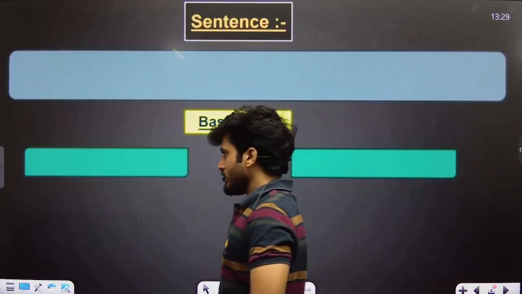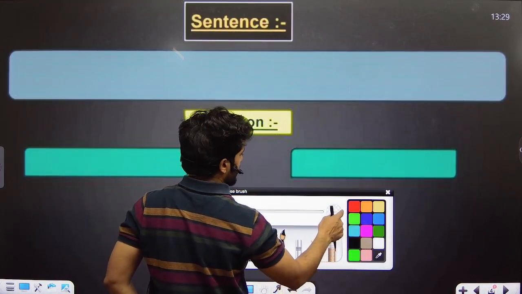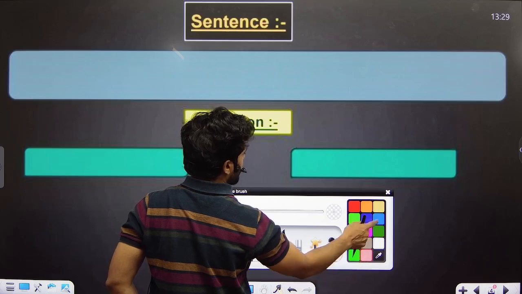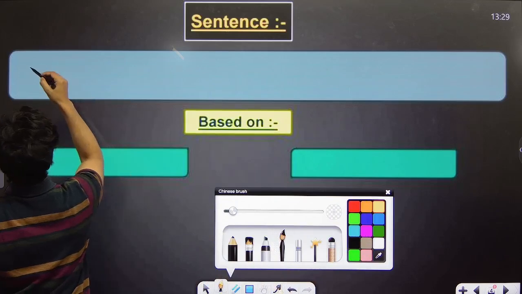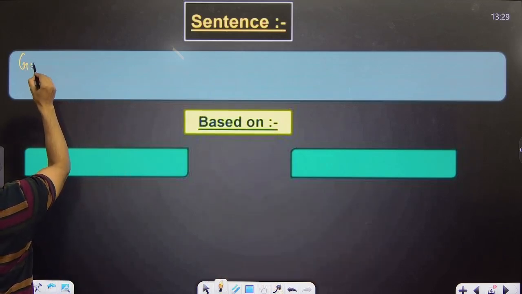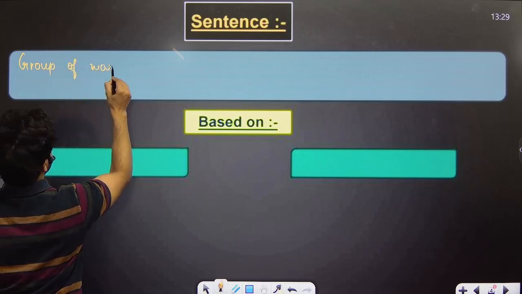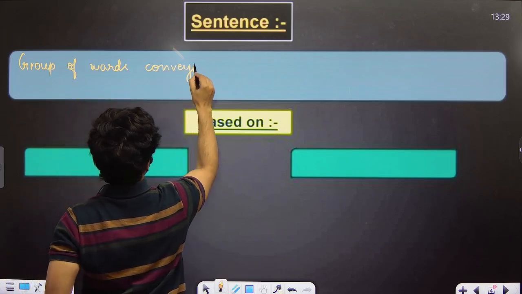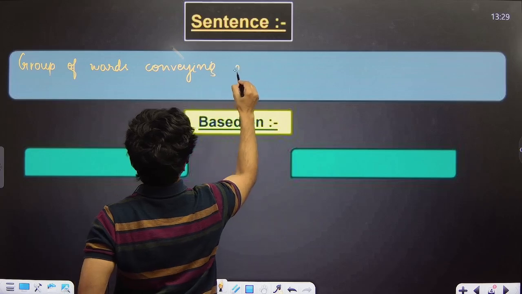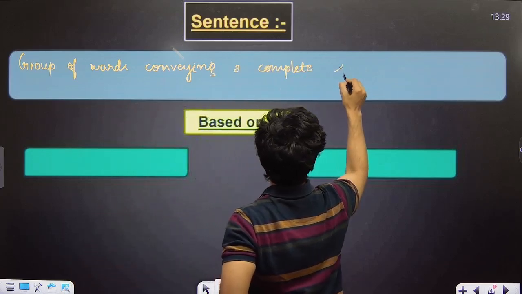Okay, now what are sentences? They are the group of words which convey to us the complete meaning or the complete sense. Group of words conveying a complete sense.